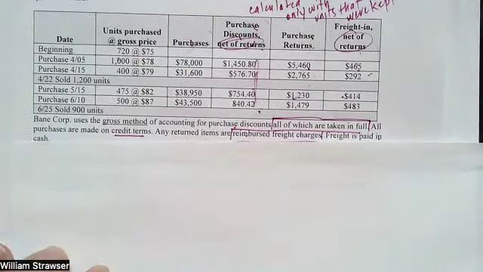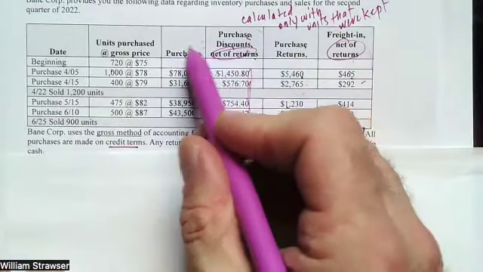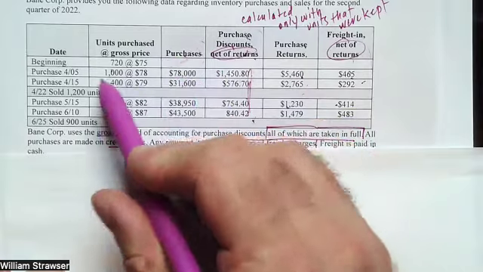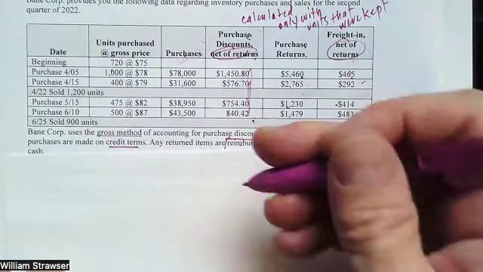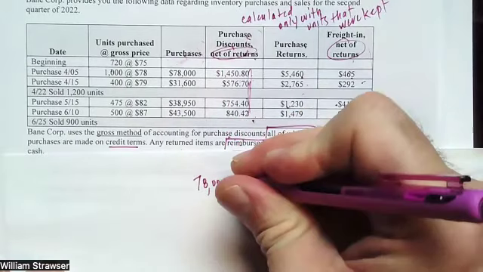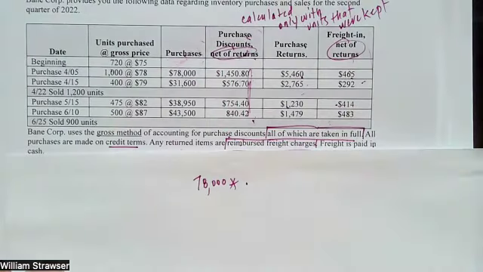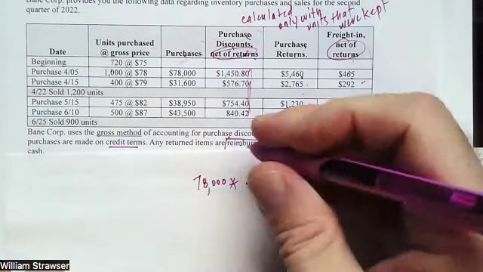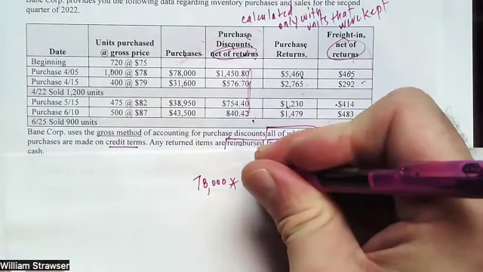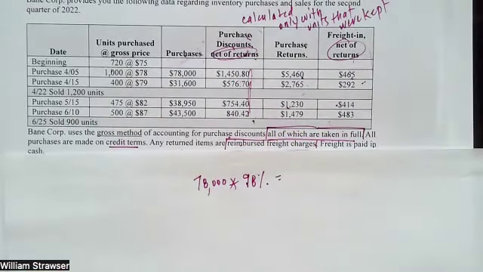So instead of being 78,000 under this heading of purchases for the purchase I made on April 5th, I would take the 78,000, which is my full price, and then if I have a 2% discount on this layer, that means that 98% would reflect the net of discount price.